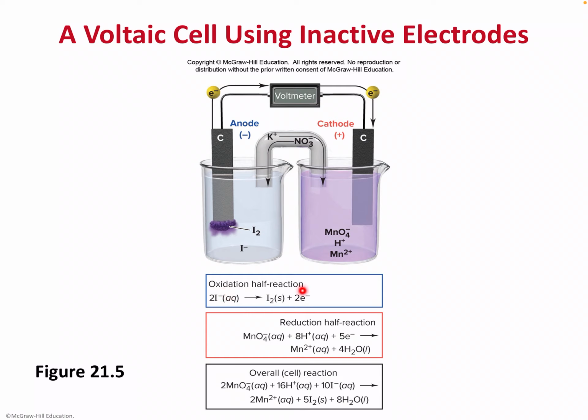So in the oxidation half reaction, 2 iodide becomes iodine, losing 2 electrons, and then the permanganate takes up electrons to become manganese ion. And this is the overall reaction. So this is an example of constructing a voltaic cell using inactive electrodes, and our inactive electrode in both cases is carbon, C for carbon, at the anode and the cathode.